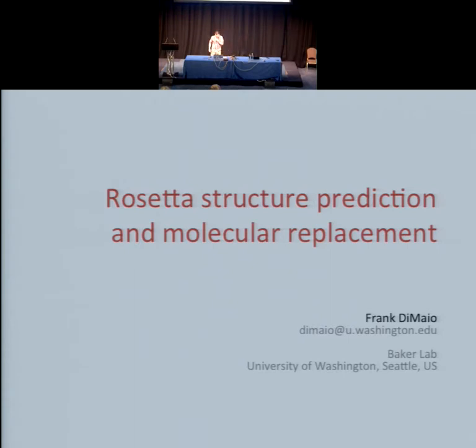All right, can everyone hear me okay? All right, excellent. So yeah, I'm Frank DiMeo from David Baker's group, and I'm going to be talking about the use of Rosetta structure prediction to solve difficult molecular replacement problems.